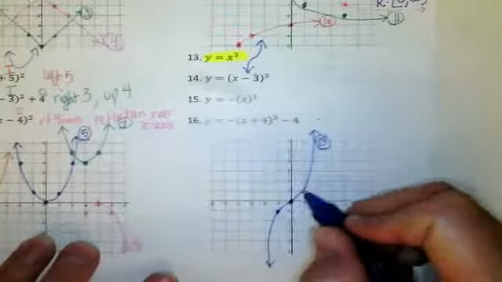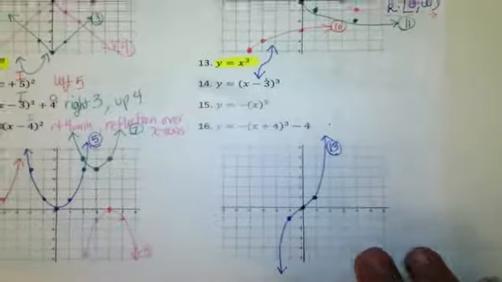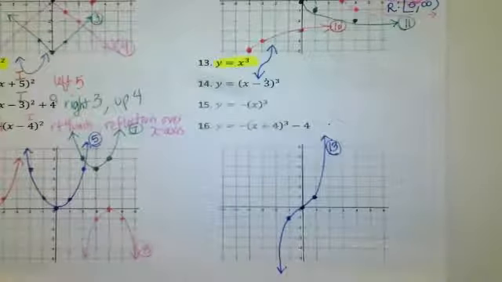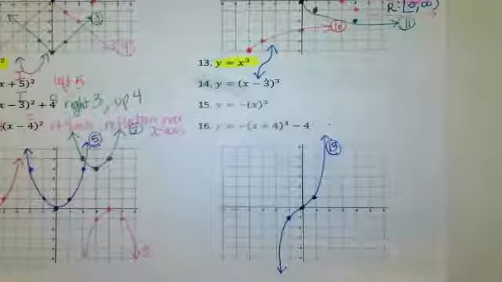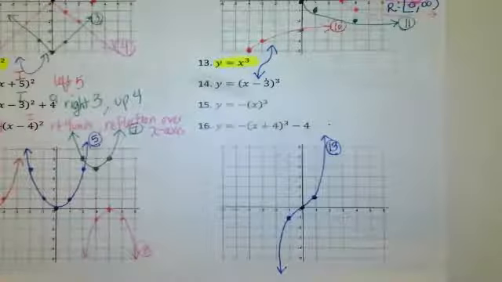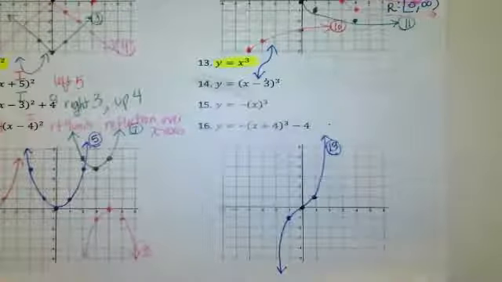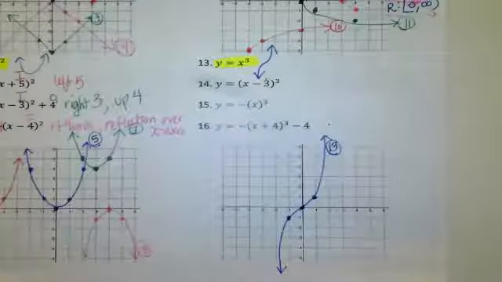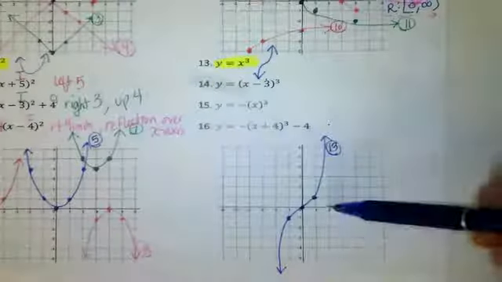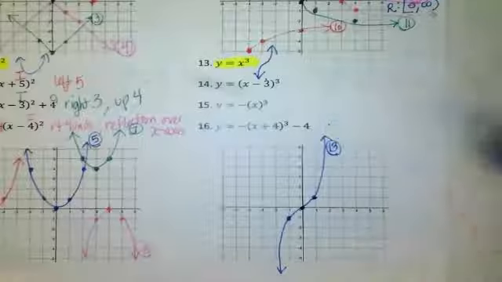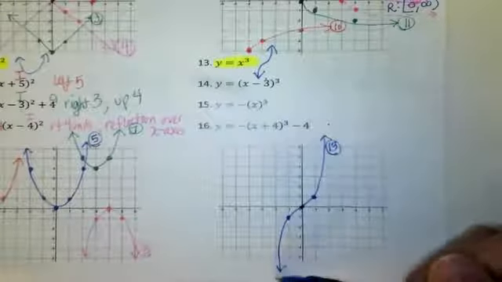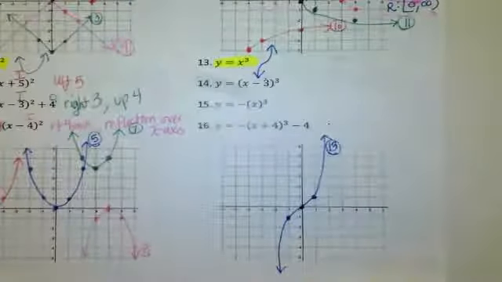I always do the 3 dots, but it's important that it's not a line. It's a very different function than our line y equals x. So make sure that you've got your graph heading towards 2, 8 is the point, and negative 2, negative 8.